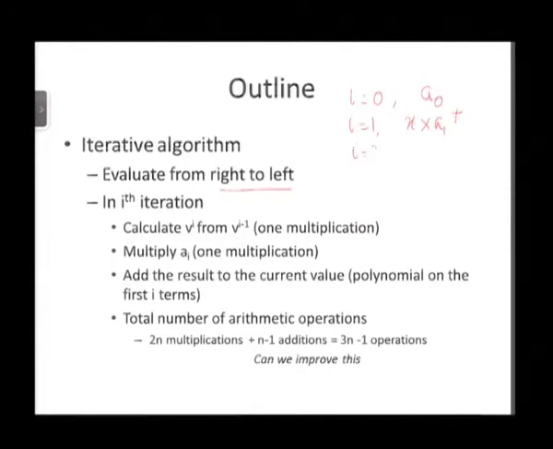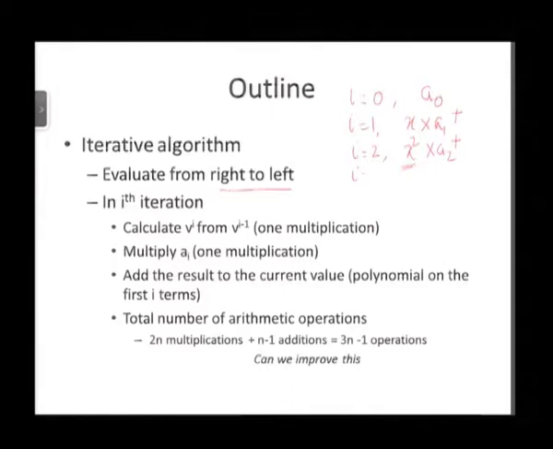In iteration number 2, you take the value x, you multiply it by x again, which gives you x square, store this in a temporary variable, multiply this by a2 and add the value that you have computed so far.